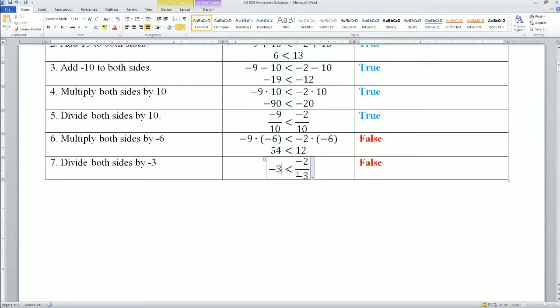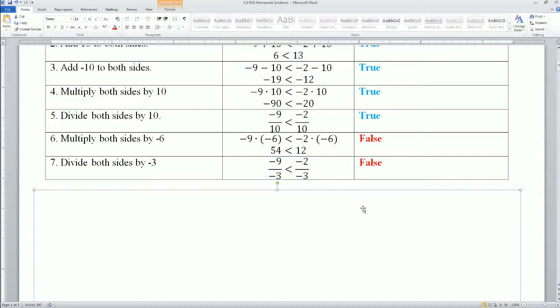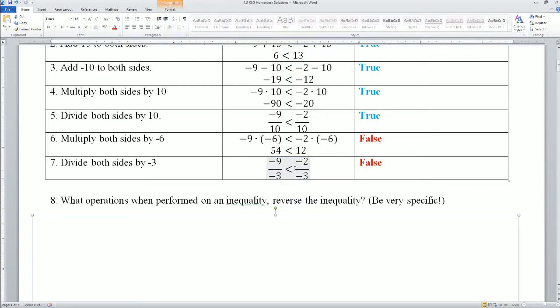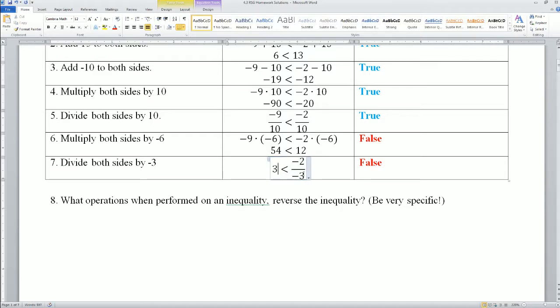So this is false. Because this becomes a positive number, this is also a positive number. This becomes positive 3. This becomes positive 2 over 3. 2 over 3 is not greater than 3. 3 is greater than 2 over 3. This is why this is false.